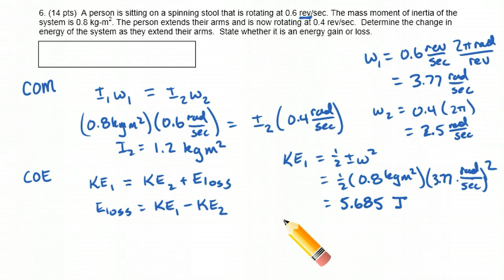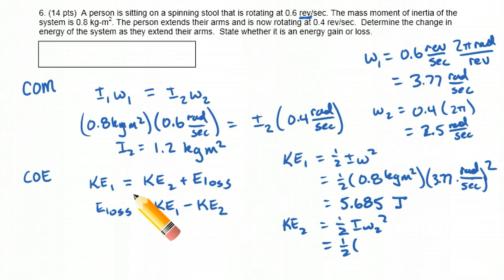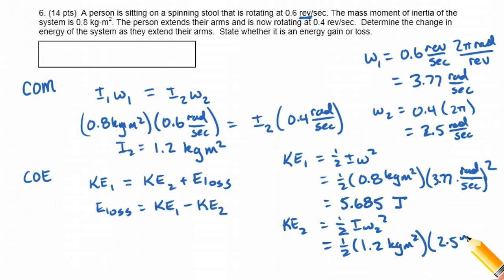Okay. Same thing quickly for the final one. 1/2 I omega 2 squared. It's 1/2, we used our I up here, 1.2. So extending the arms increases the moment of inertia. That makes sense. Okay, and 2.5.